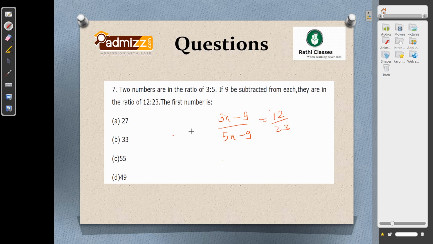In this kind of problem, you can only eliminate options C and D, but to get the result you need to solve. 23 into 3x is 69x minus 23 into 9, equals 12 into 5x, which is 60x minus 108. So 23 into 9 minus 12 into 9, 9 cancels, so my x should be 11. So if x is 11, the smallest number would be 33. So this is the approach that you need to use to solve this problem.